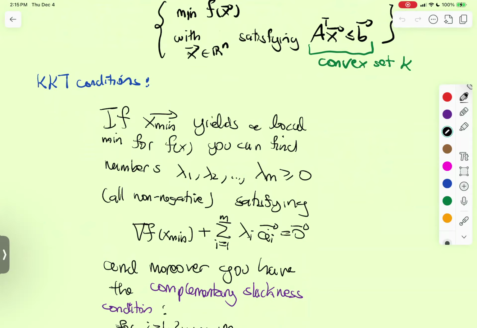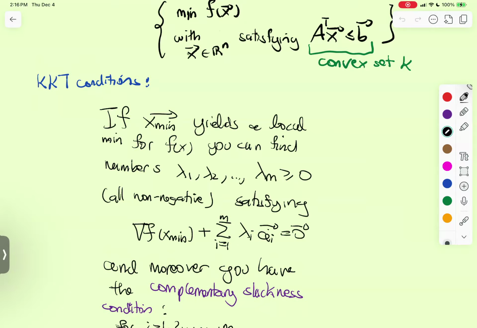Here n is the number of rows of the matrix, so it's the number of inequalities that the vector has to satisfy. You can find these non-negative numbers that make this equation hold: the gradient plus the sum of the lambdas times the vector a_i gives you the zero vector.